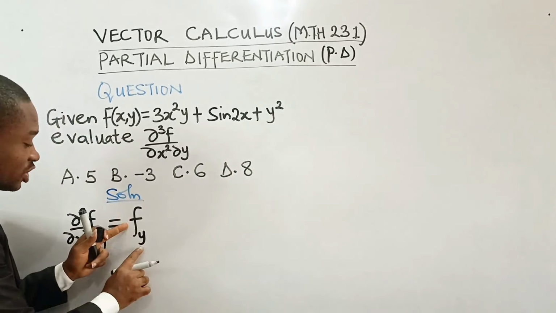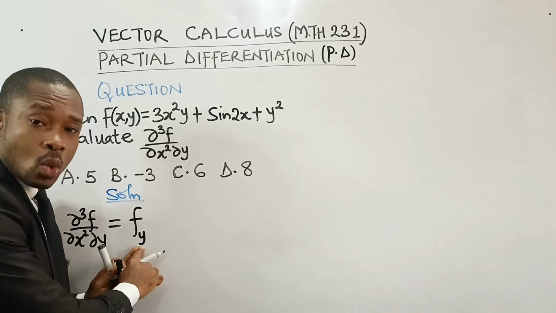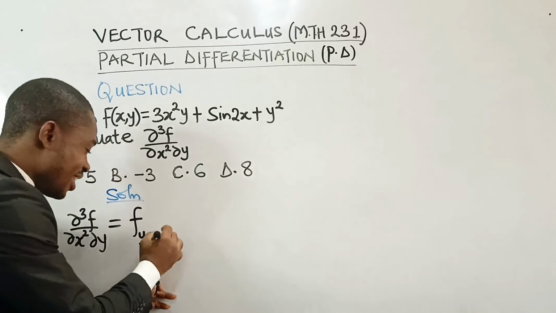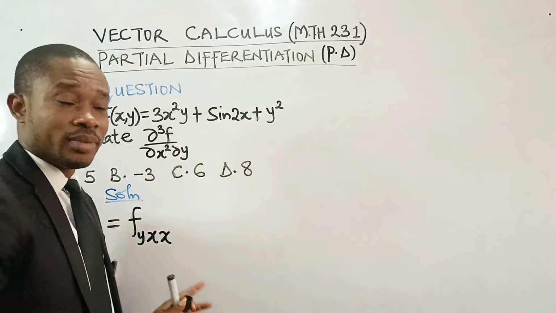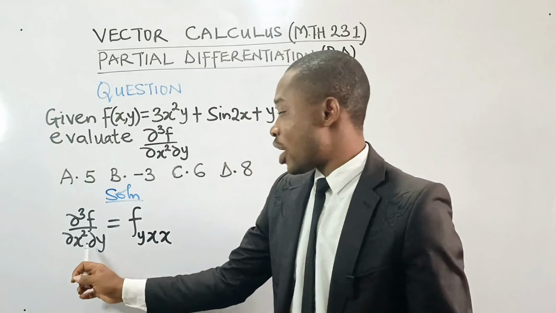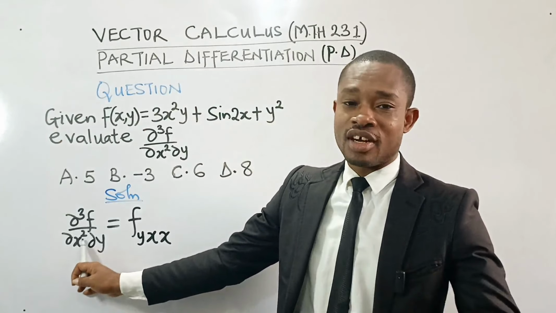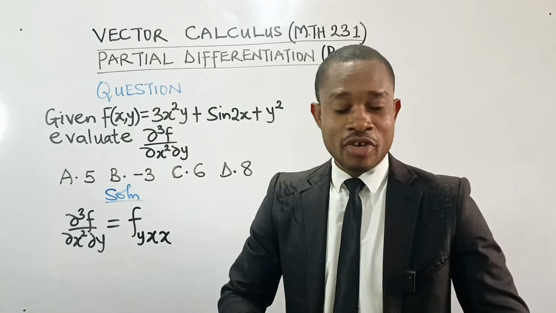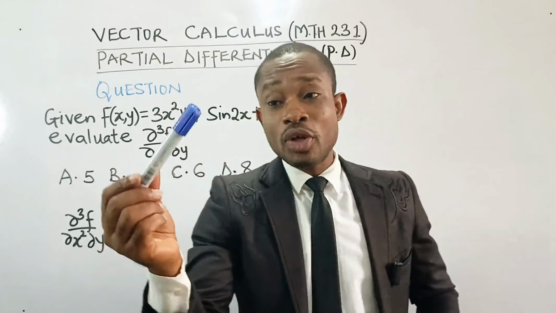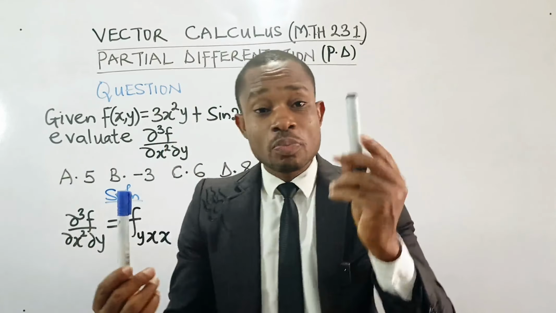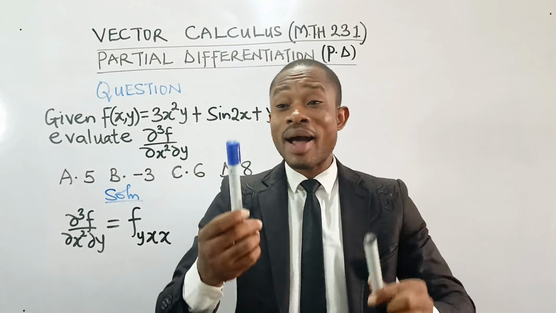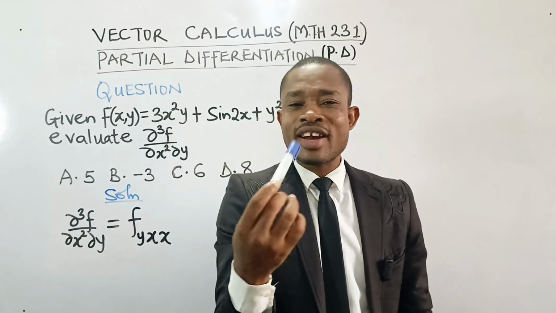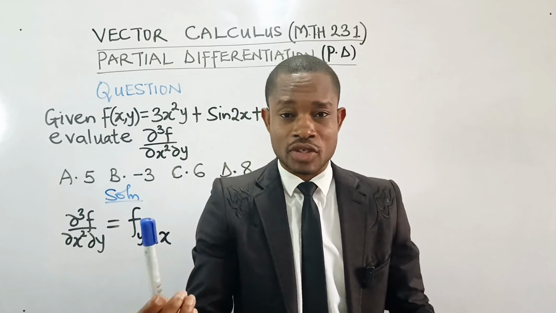So this means differentiate partially first with respect to y, and then next with respect to x, and then again differentiate with respect to x partially, because you are taking that partial derivative with respect to x 2 times. In partial differentiation, if I differentiate with respect to this blue marker, this black marker will be kept constant when I am handling the differentiation with respect to this blue marker, because I just want to find out how this blue marker alone changes.